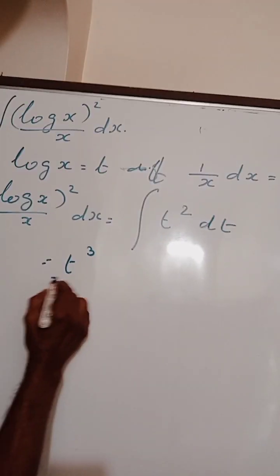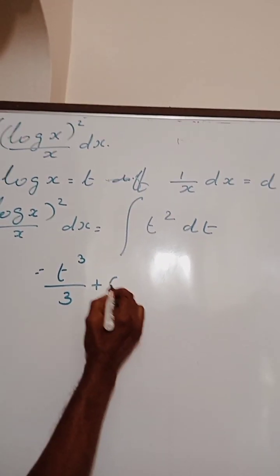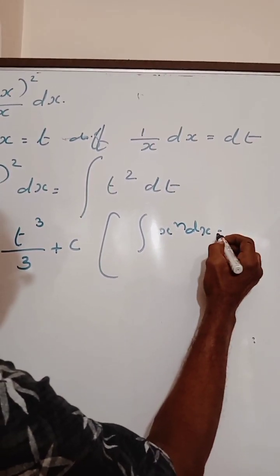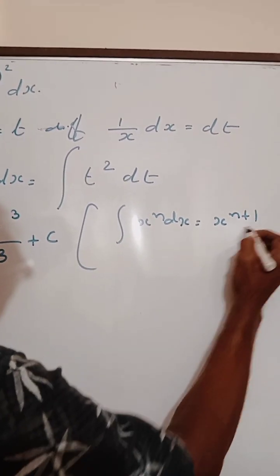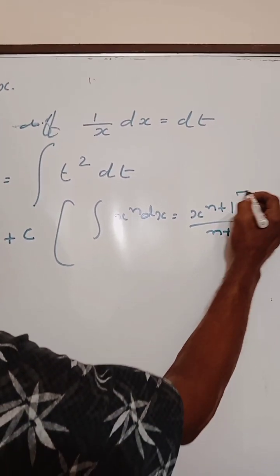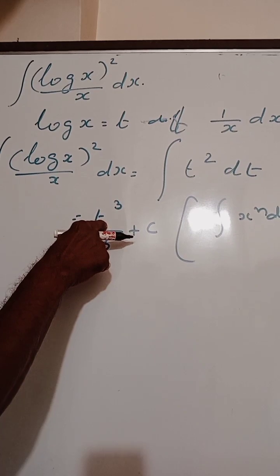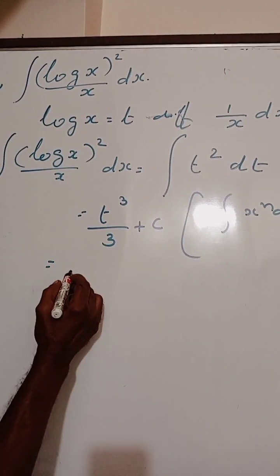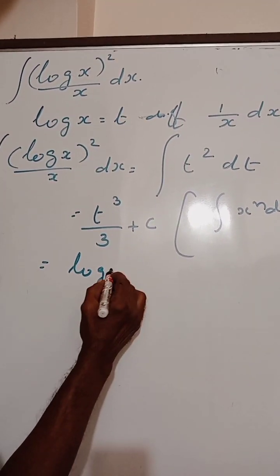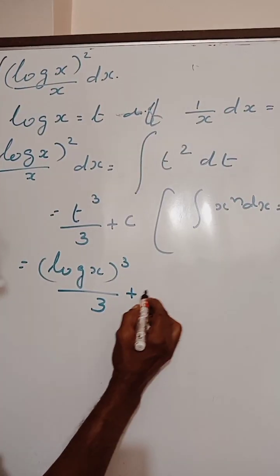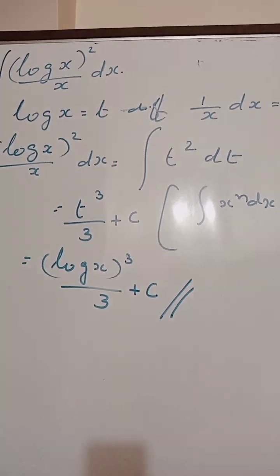This is equal to t cube by 3 plus c, since integration of x raised to n dx is equal to x raised to n plus 1 divided by n plus 1. Again, we replace t by log x. It's equal to log x the whole cube by 3 plus c.